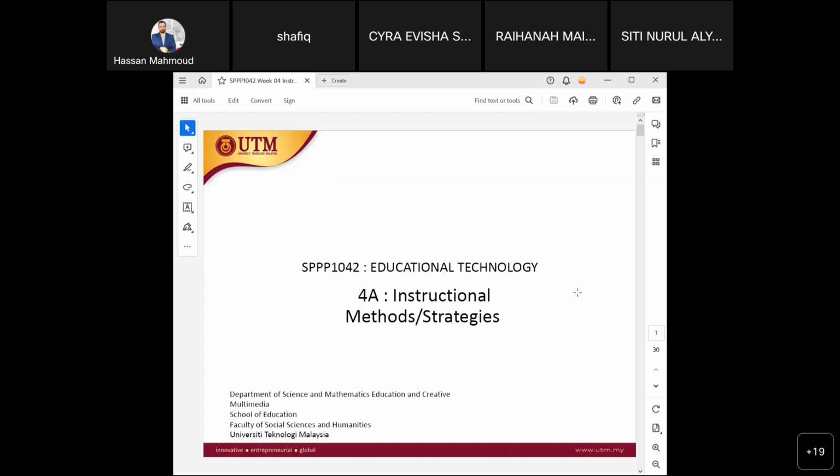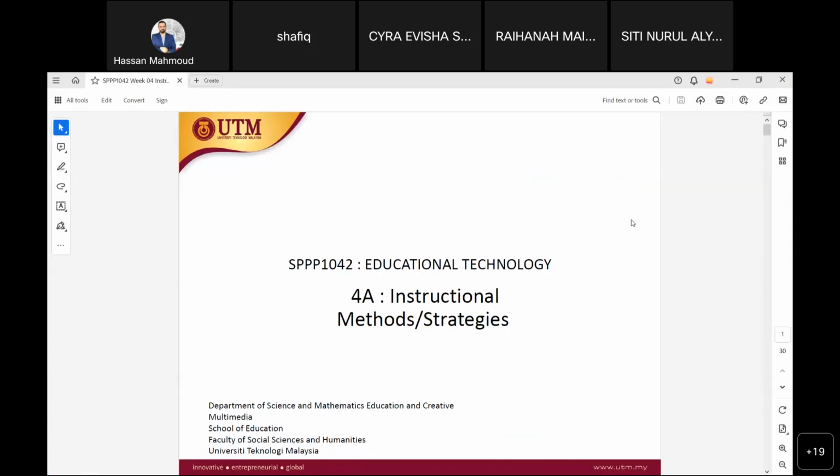When we hear instructional methods and strategies, what is the first thing that comes to your mind? What do we mean by instructional method? Anyone? What is the meaning of instructional methods or instructional strategies?